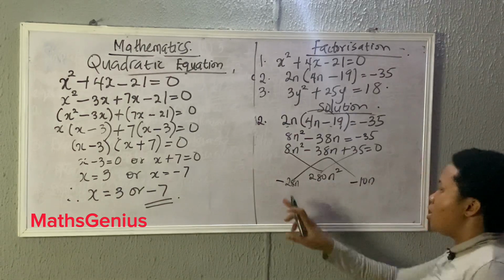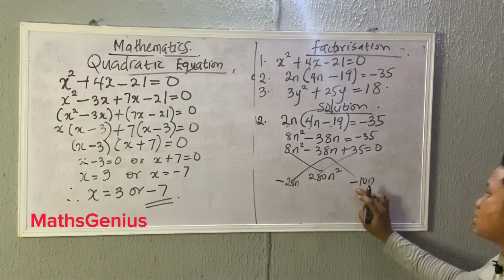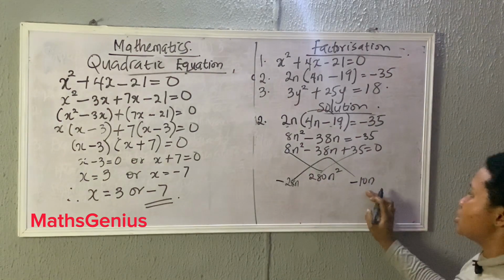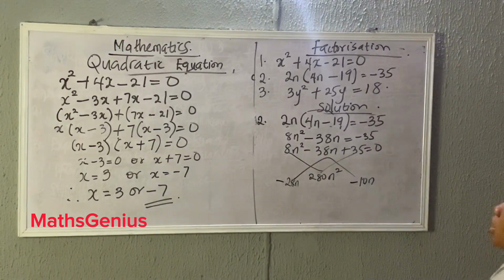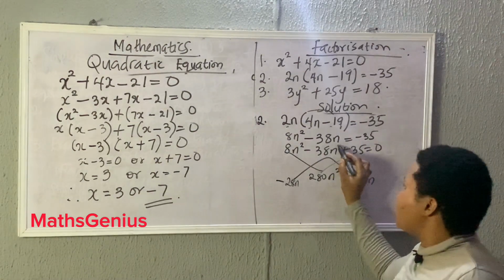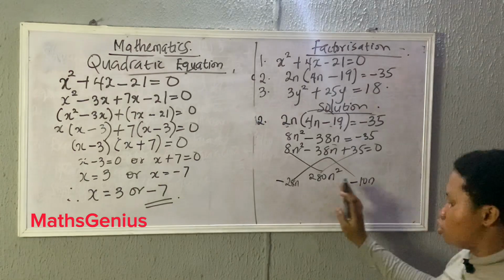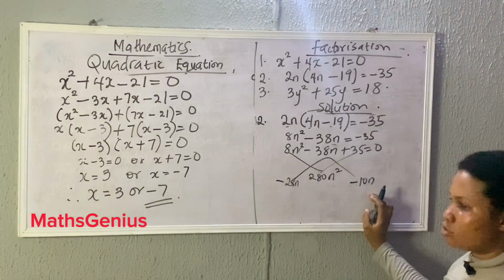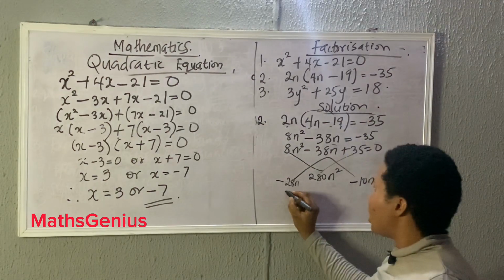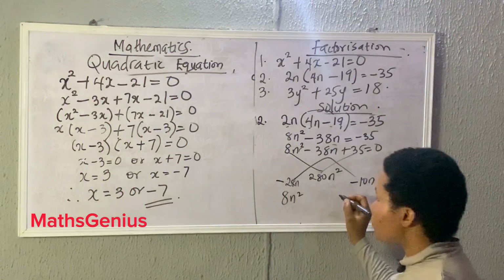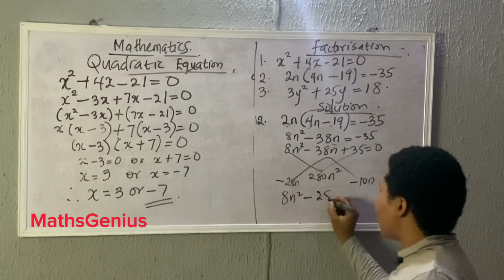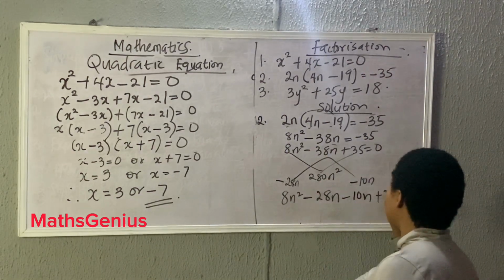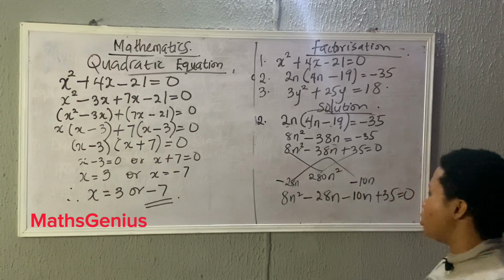If you confirm, minus 28 times minus 10 will give us plus 280n squared. Then minus 28 minus 10 will give us minus 38n. Now we are going to replace this middle with these two values. So we are going to have 8n squared minus 28n minus 10n plus 35 equals 0.